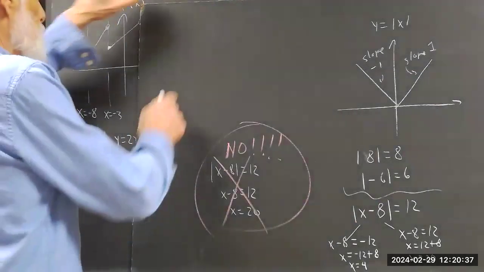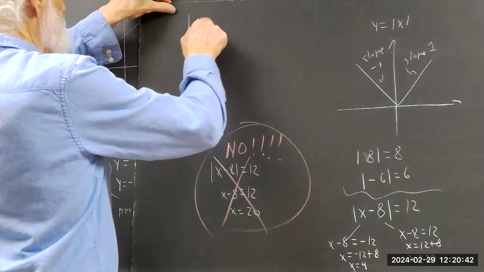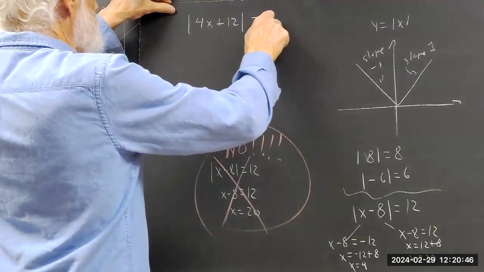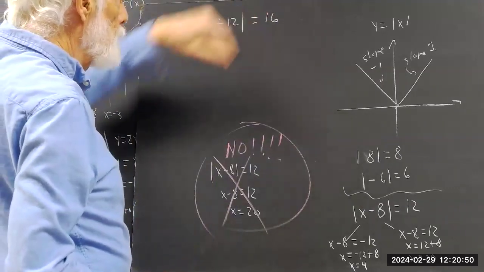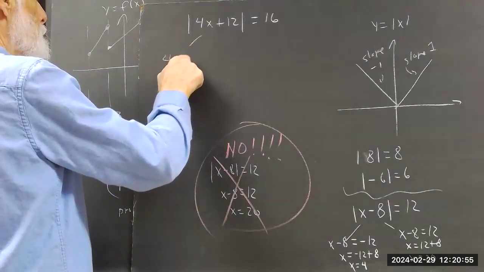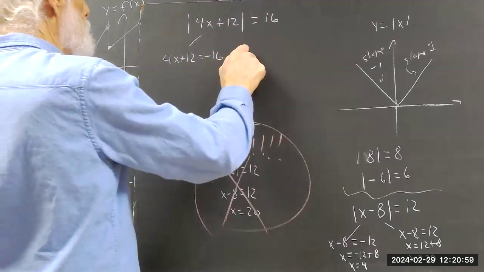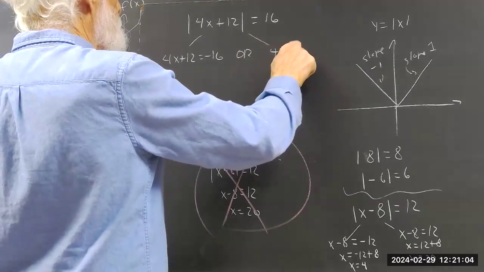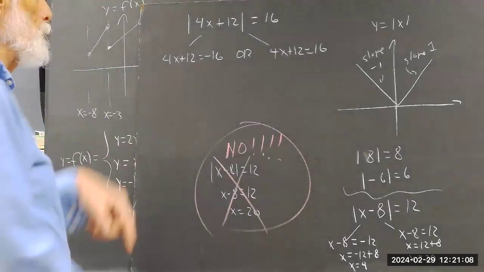Okay, now another one. I'd have you do this, but we don't have time. The absolute value of 4x plus 12 equals 16. Now, you see I've got the word or here.